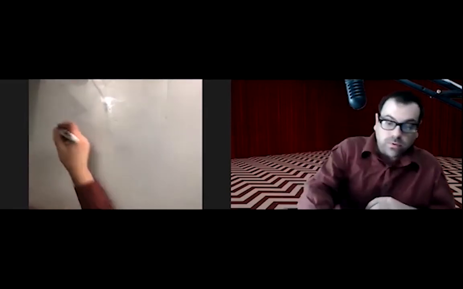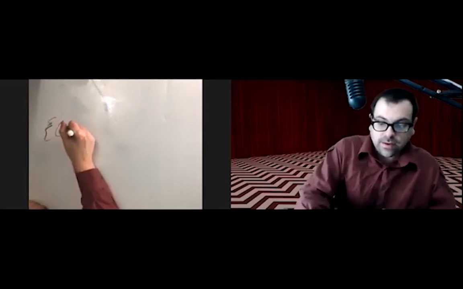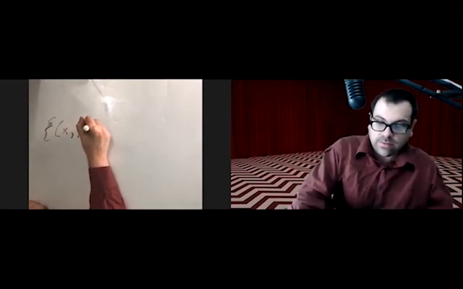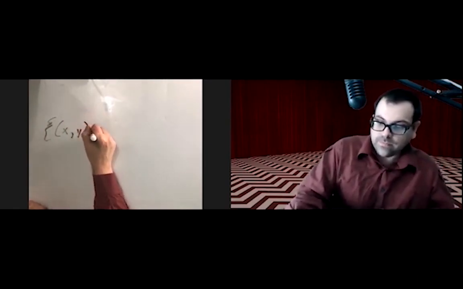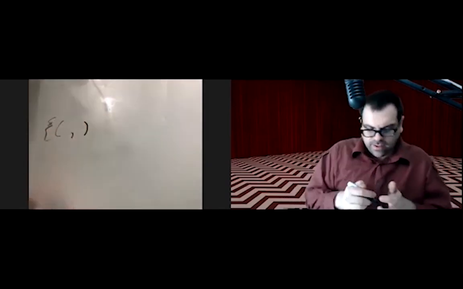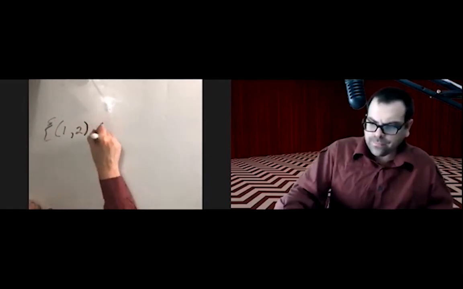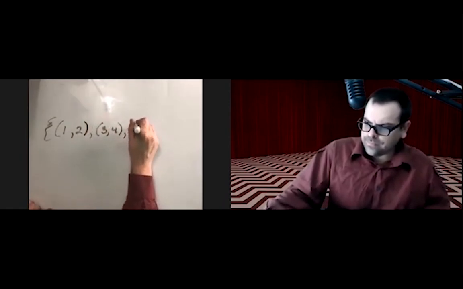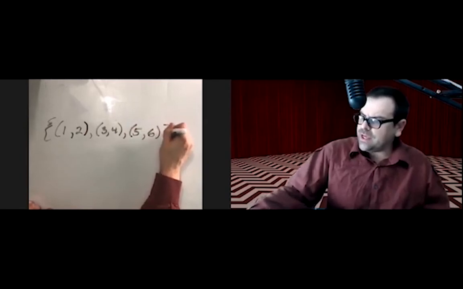So if we literally have a set of ordered pairs, let's not use x, y. Let's actually fill one out here. Combine this up with the first example. Okay, just something simple like this.